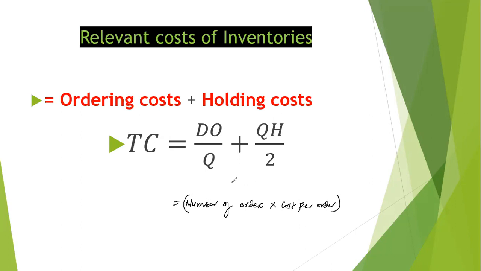These are the ordering costs. So that's how we get the ordering cost. You get the number of orders times the cost per order.